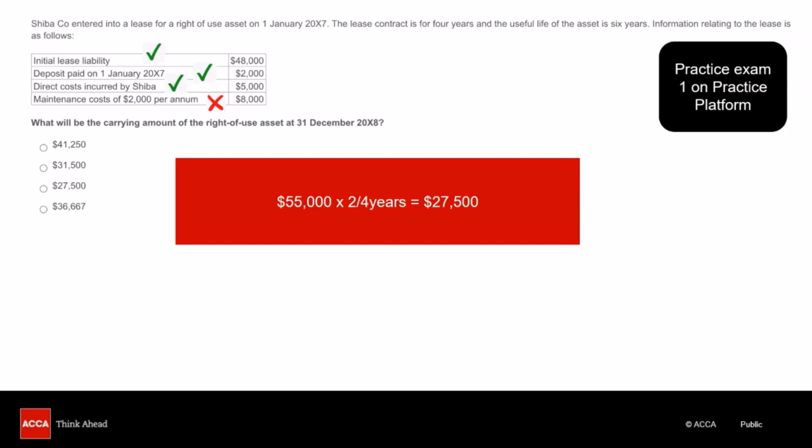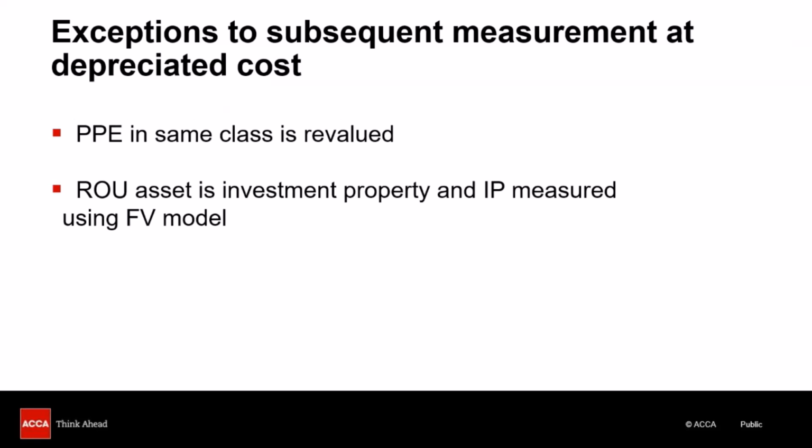Because the overall life of the asset is with respect to the lease term, it is 4 years, so we are going to use it as a useful life. 2 years have already passed, so the depreciation of 27,500 would have been charged, and the balancing figure is also 27,500, which is going to be the correct answer in this particular case.